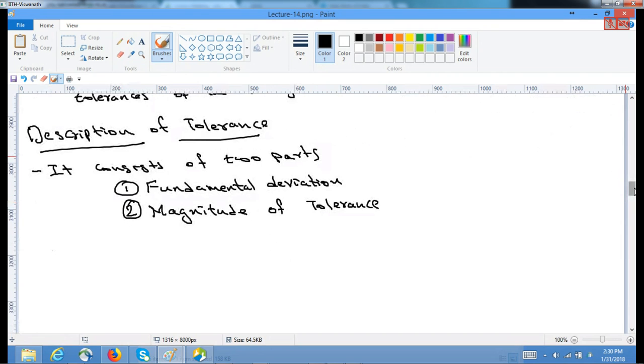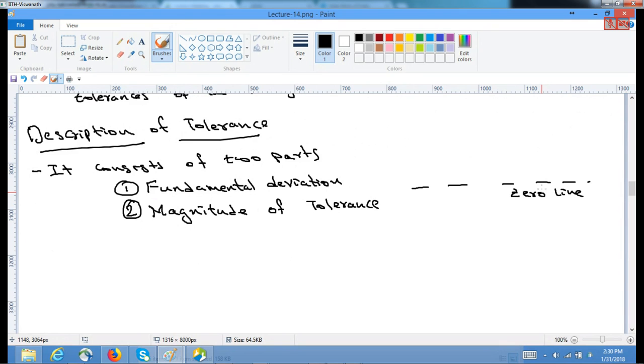So if you want to understand this in a pictorial manner, one can clearly show that if you have a zero line, as I showed above, this is the zero line.